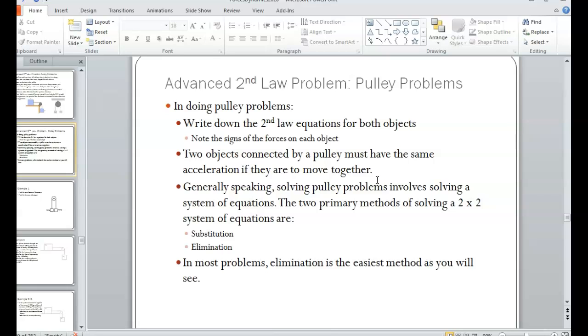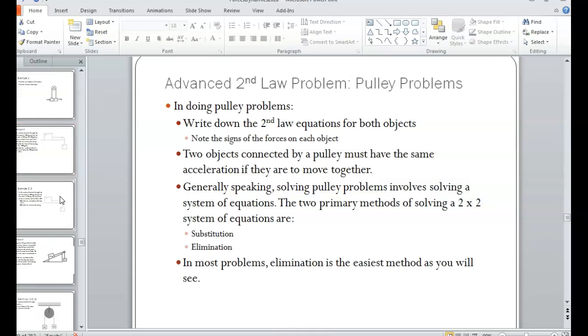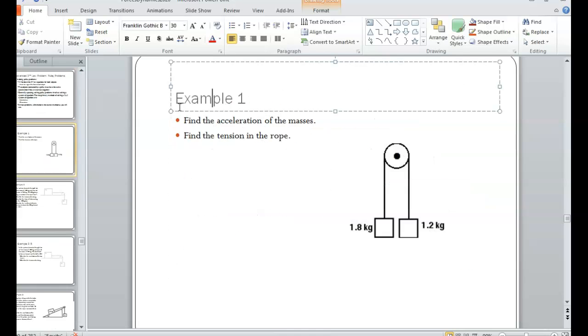And as we'll see, in most problems, elimination is definitely the easier of the two methods for solving our system of equations. Okay, so pause here. Everything on this slide is crucial to solving pulley problems, so make sure you add all of this to your notes. And let's do some examples. So we're going to do, I think, at least three examples so that you understand how to do pulley problems.